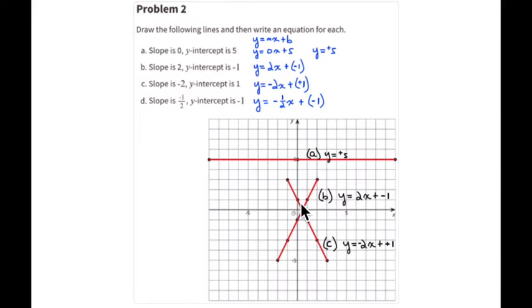Or you can go in the other direction, it's a negative 2 over positive 1. Both of those are a slope of negative 2. So negative 2 over positive 1, or a positive 2 over negative 1. All of these have a slope of negative 2, positive 2 in the y direction over negative 1 in the x direction.